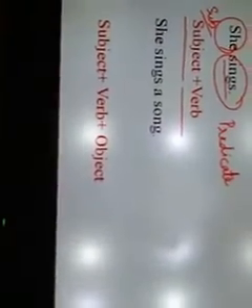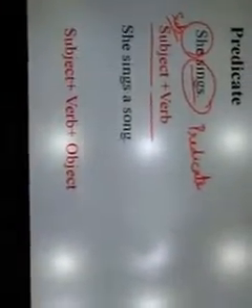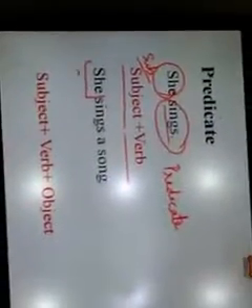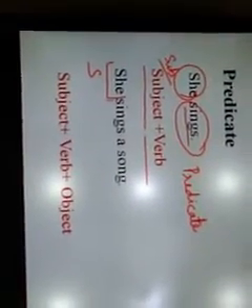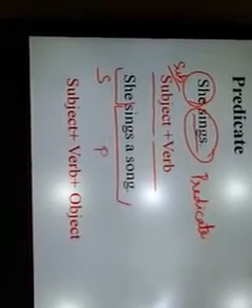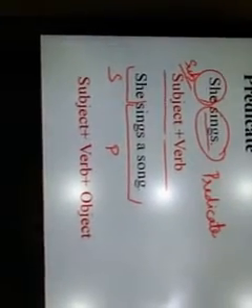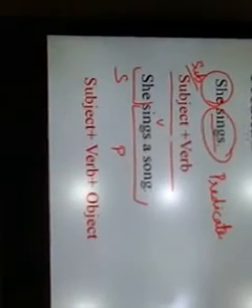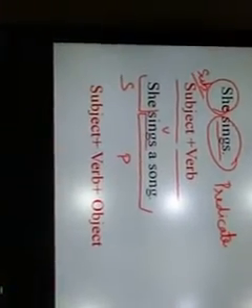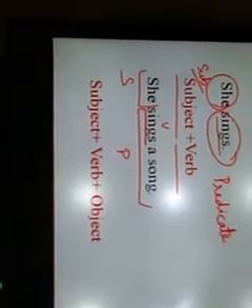If I ask you, what does the girl sing? What does she sing? You will say, she sings a song. She sings a song. Here you know, she is the subject. Sings a song is the predicate of the sentence. Here, what is sings? Sings is the verb.